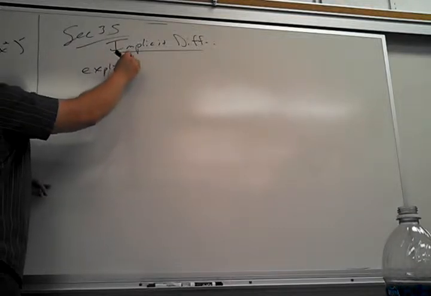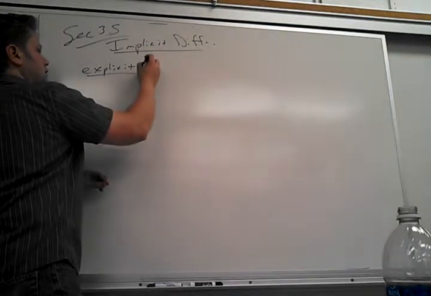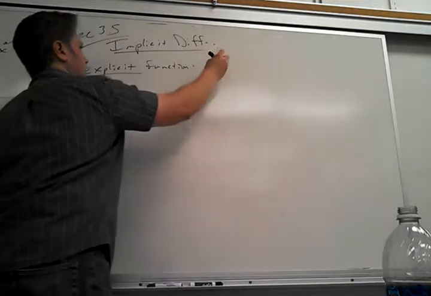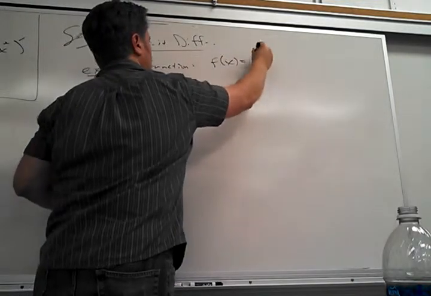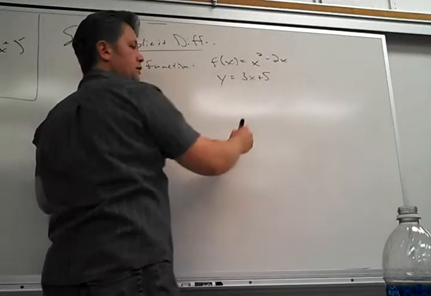So we've been dealing with explicit forms of equations, functions. So explicit function will look like this. F of x equals x squared minus 2x. Y equals 3x plus 5.